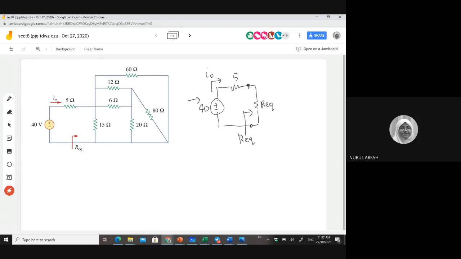And then I have something: what if I put, over here to here, a short circuit? What is that equal to?